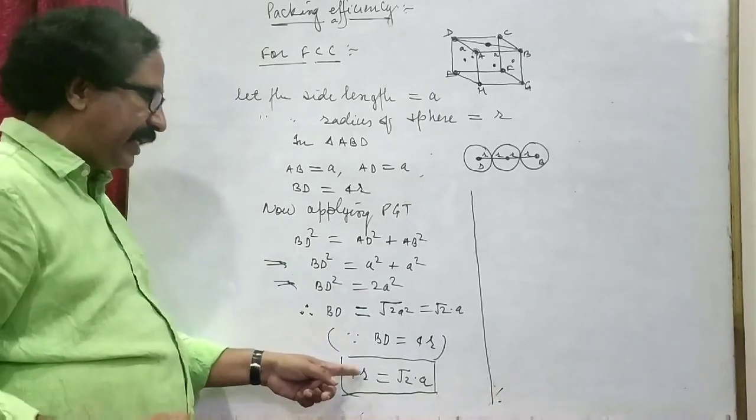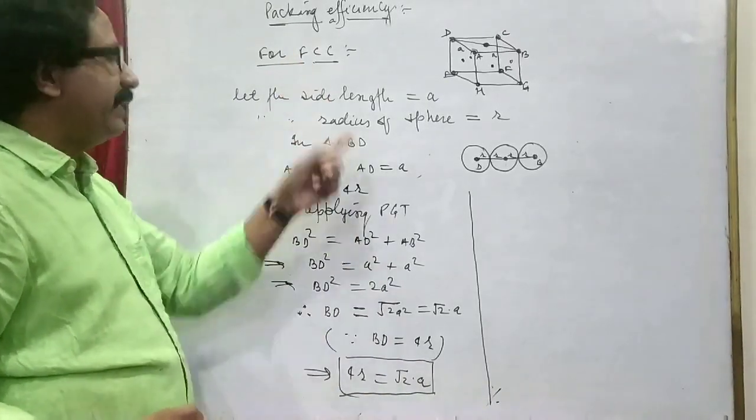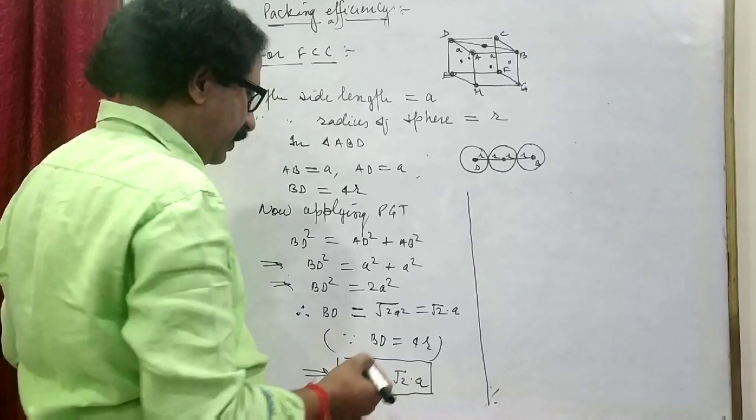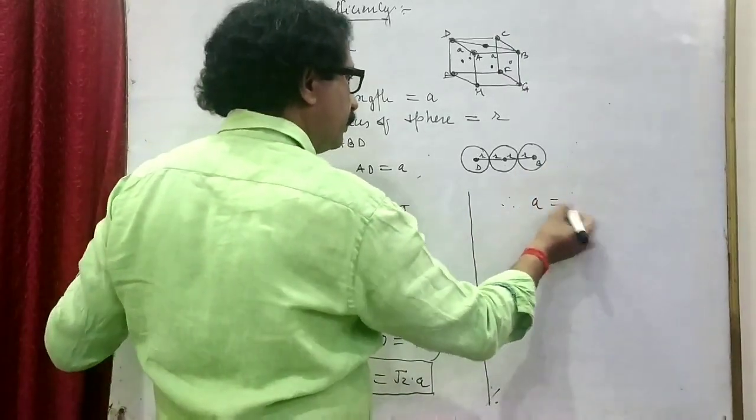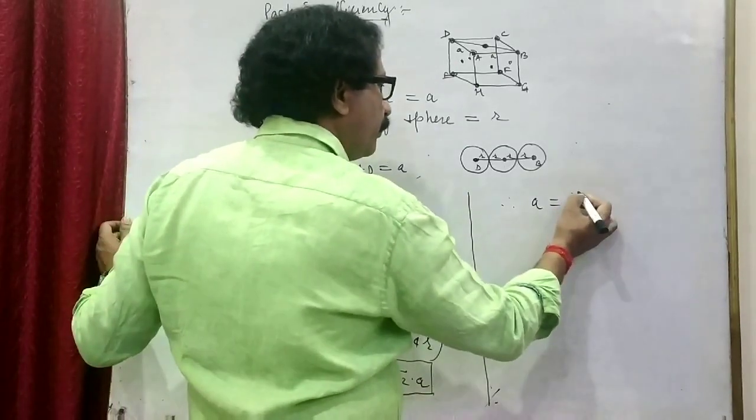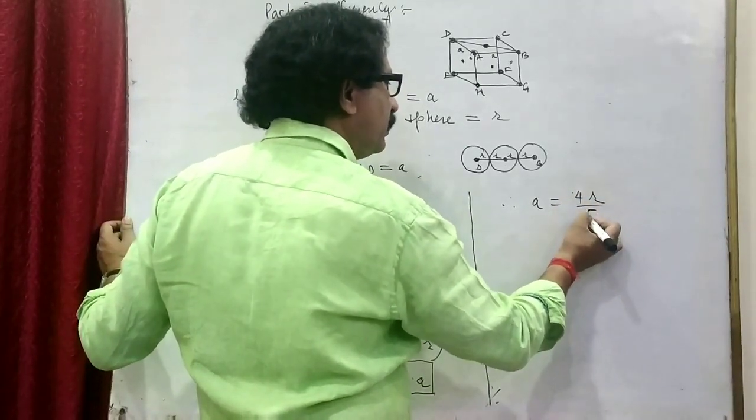Therefore, A is equal to 4R upon root 2.